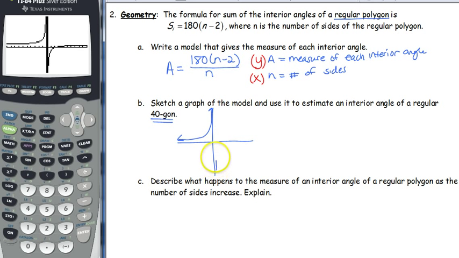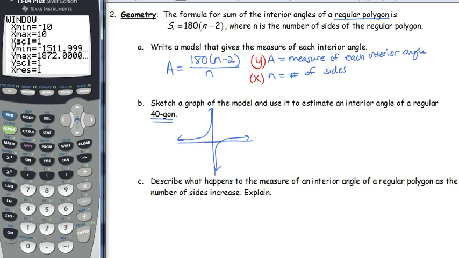And again, if you want to look at the window, you can see that our y's are in the thousands, our x's are from -10 to 10. We want to change that x because we know that we are looking for an interior angle measure of a 40-gon. We know that we're going to have to change that up a bit. So if we're looking for 40, I'm going to change that to 50.